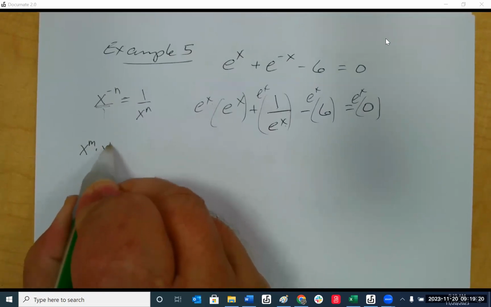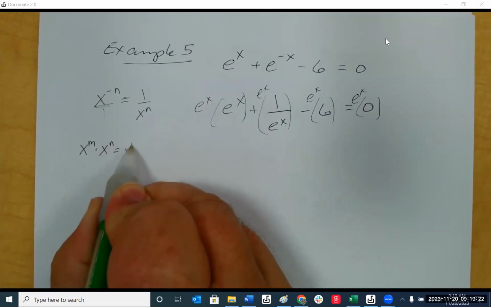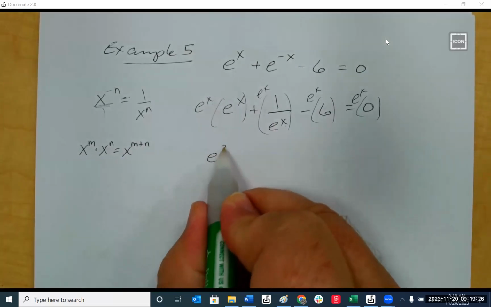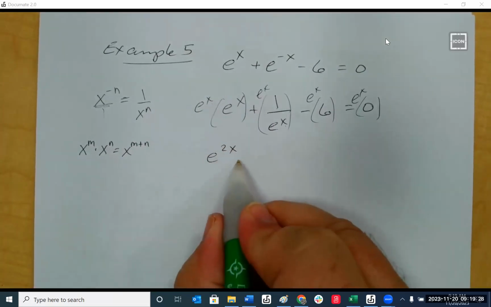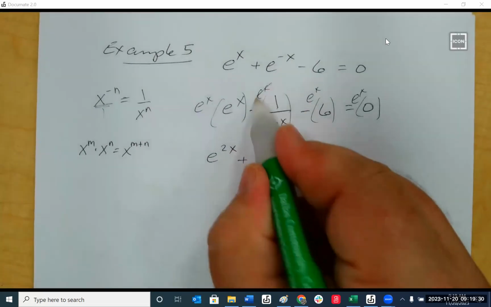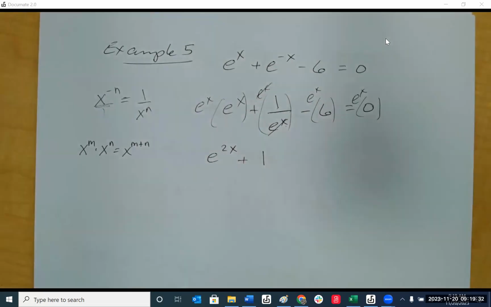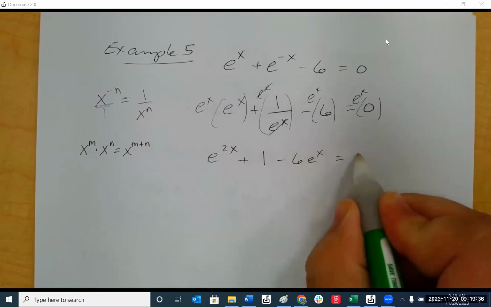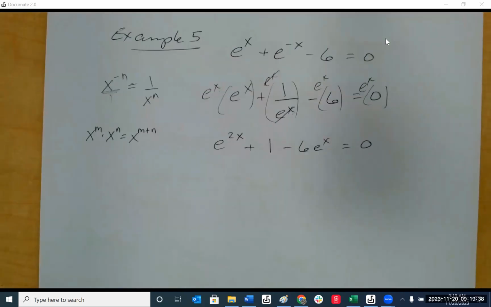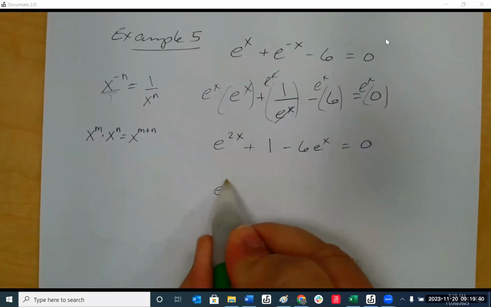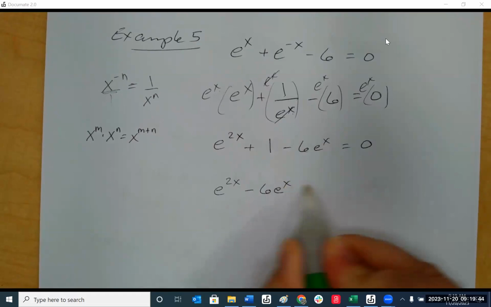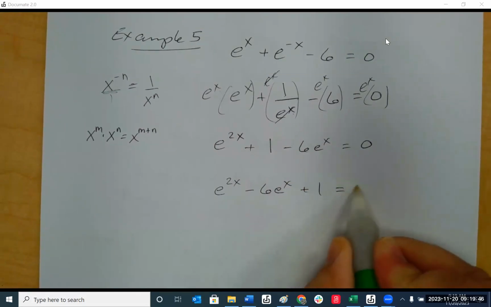Remember, whenever you're multiplying the same bases, you add the exponents. So this is e to the 2x. e to the x cancels. And times 0, 0. So rearrange them.